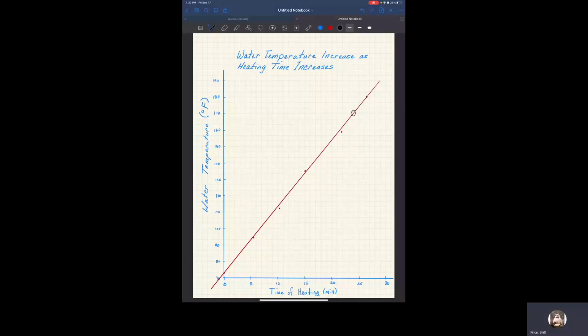I really don't care if I have an actual data point or not. And there I go. Those are my 2 data points that I'm going to pick. And now I'll go ahead and read these off. I'm going to come across, and I'm just going to make myself a dashed line.